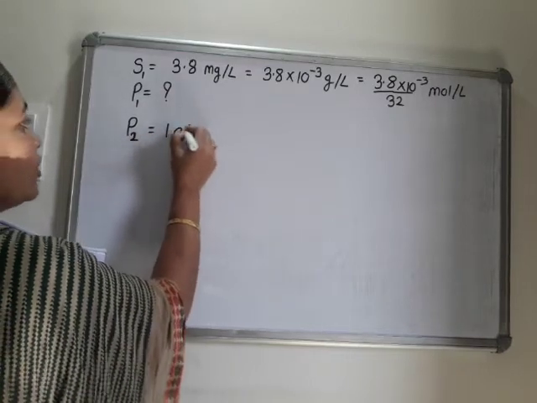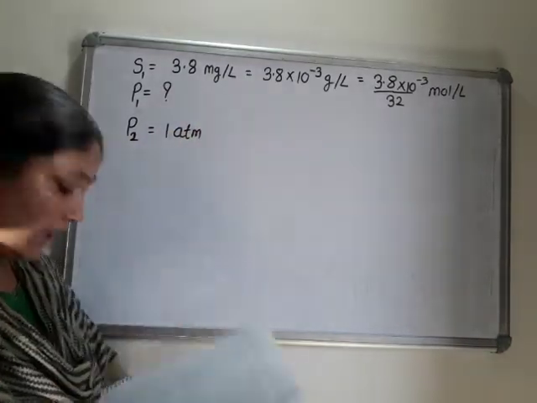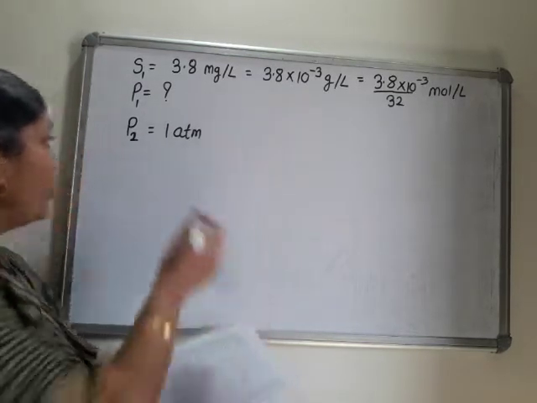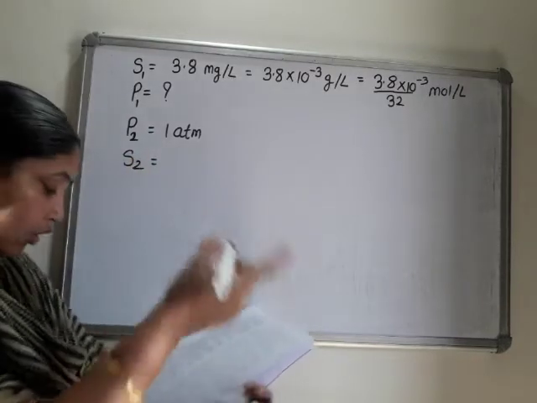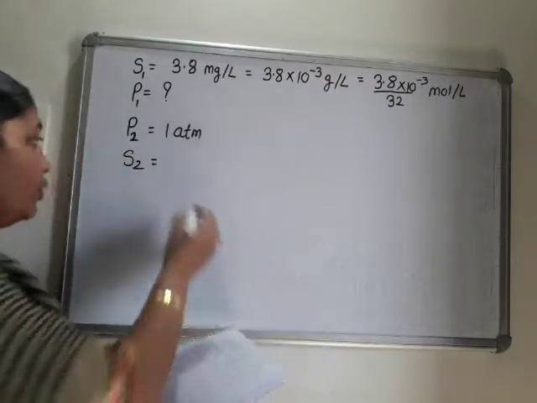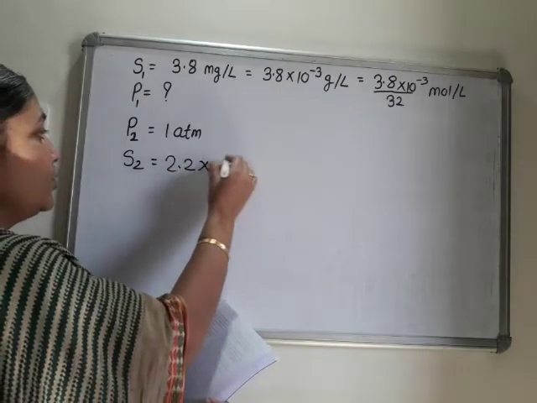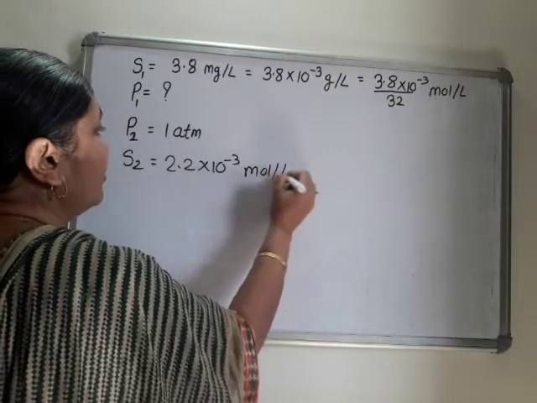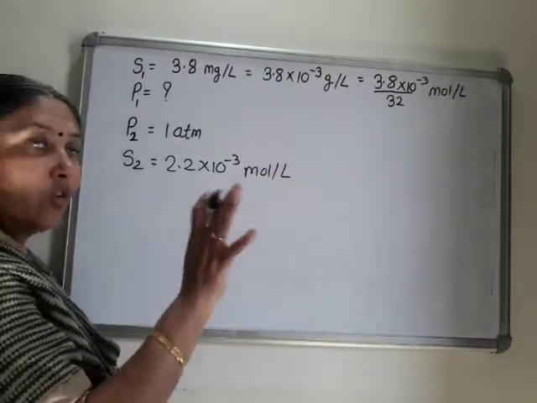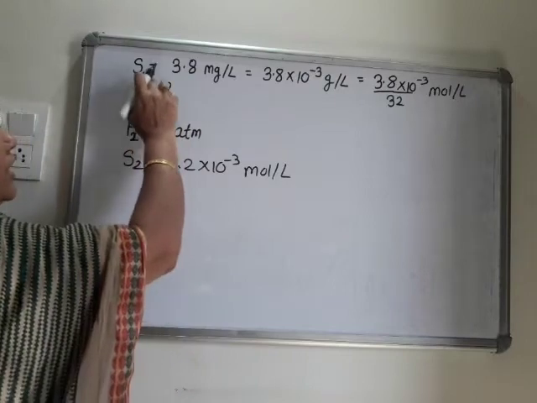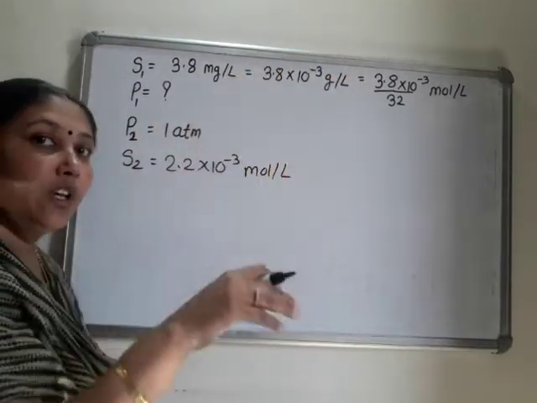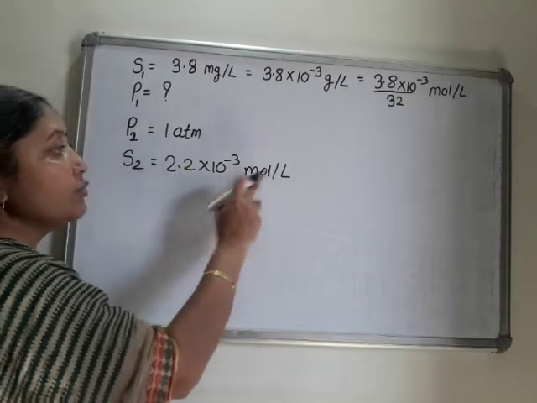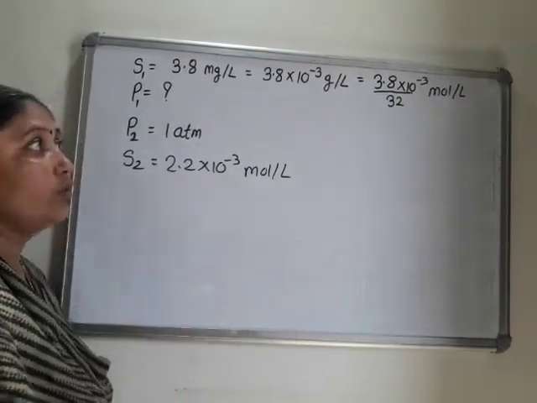If 1 atmospheric pressure is applied, then how much is the amount of oxygen dissolved in it? Oxygen dissolved in it is 2.2 into 10 raised to minus 3 mole per liter. Clear? What is the question? At what pressure this much amount is soluble in water? If pressure applied is 1 atmosphere, then this much amount of oxygen is soluble in water.